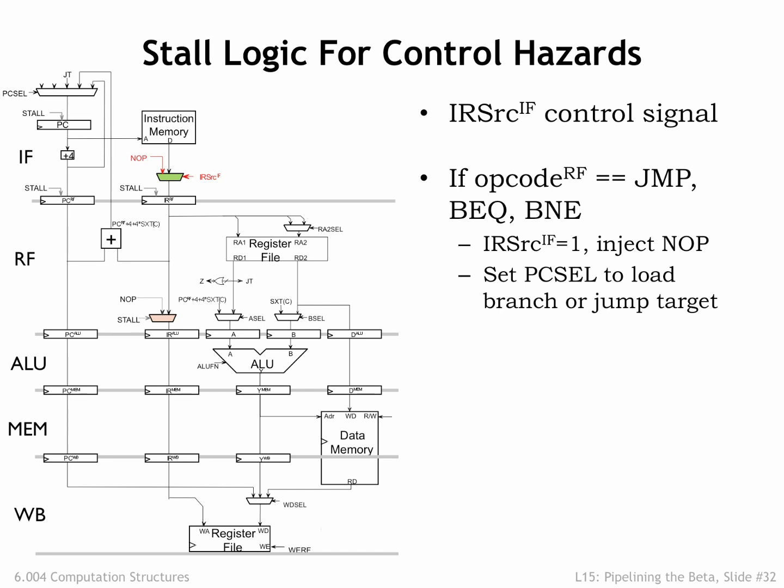If the opcode in the RF stage is jump, BEQ, or BNE, we set IR source IF to 1, which causes a no-op to replace the instruction that was being read from main memory. And, of course, we'll be setting the PC control signals to select the correct next PC value, so the IF stage will fetch the desired follow-on instruction in the next cycle. If we replace an instruction with a no-op, we say we annulled the instruction.